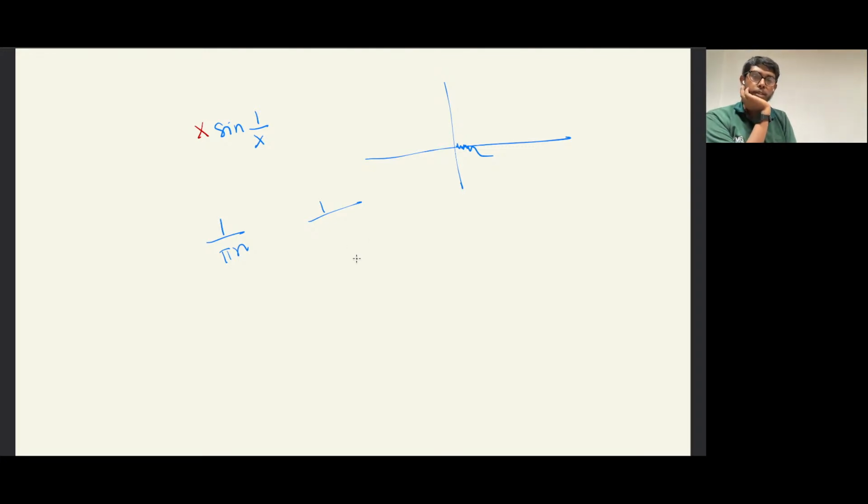Okay, what is the derivative, by the way? Let's see. If I do the derivative, this is sine 1 by x minus x cosine 1 by x plus 1 by x square. So that's sine 1 by x plus 1 by x cosine 1 by x.